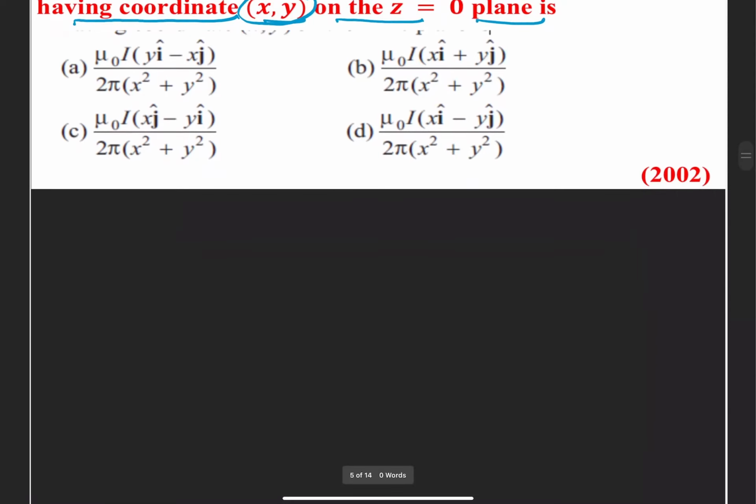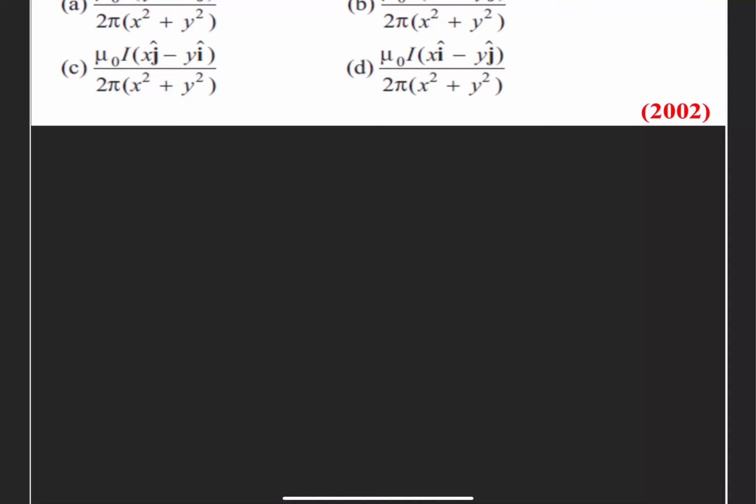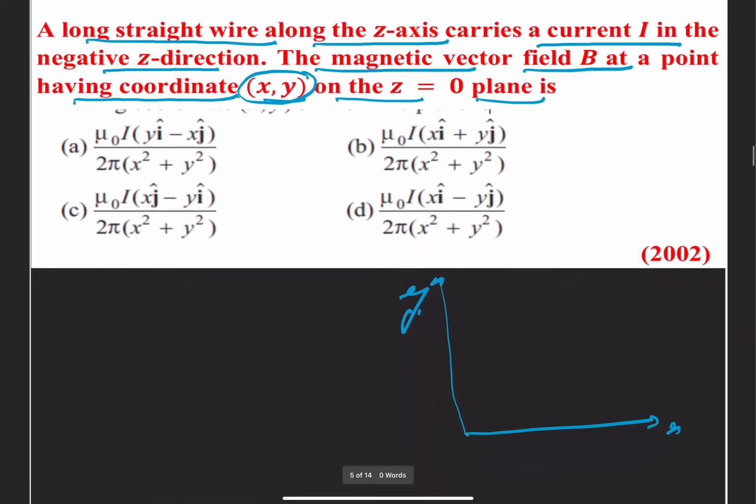We can draw a rough approximate figure for that. This is the x-axis and we have the y-axis, and we are given a long straight wire along the z-axis carrying a current I in the negative z direction, and a point having coordinate x, y.